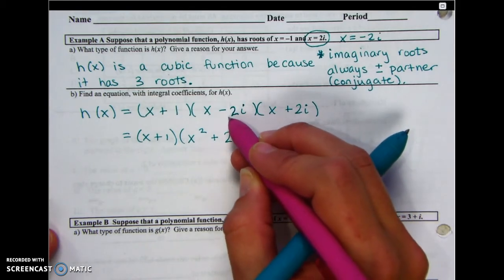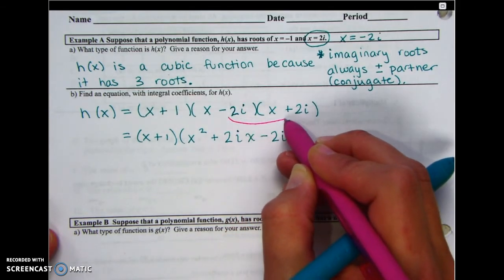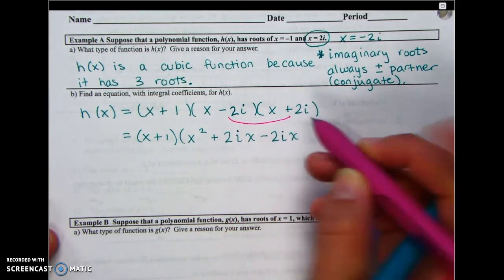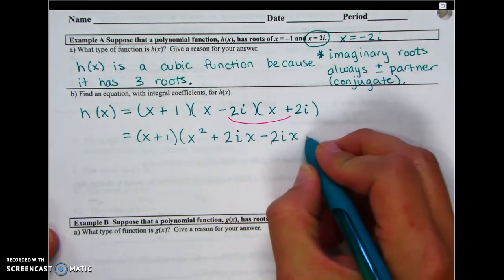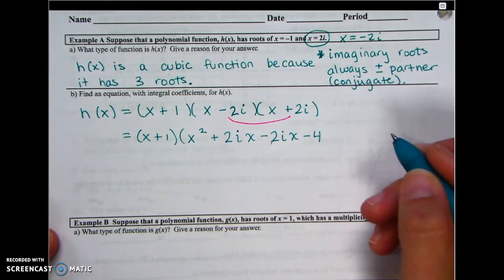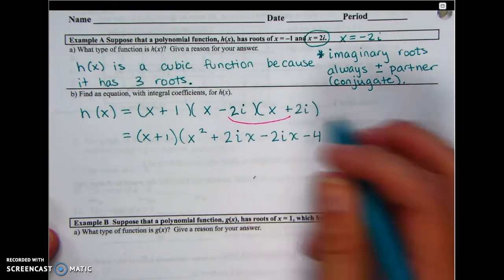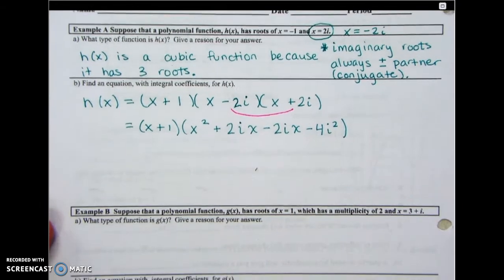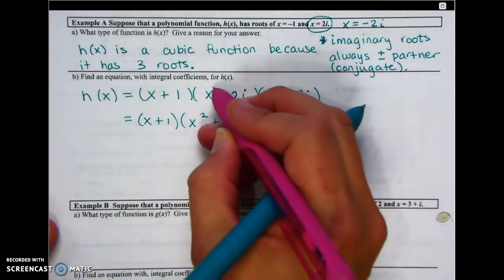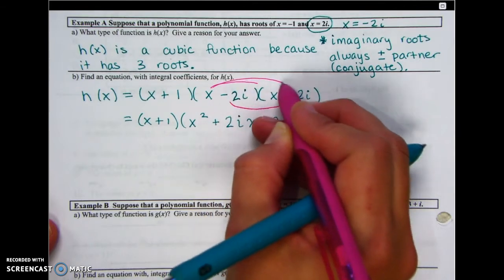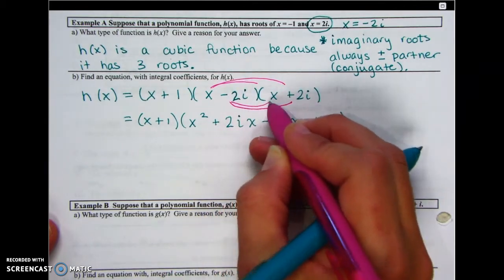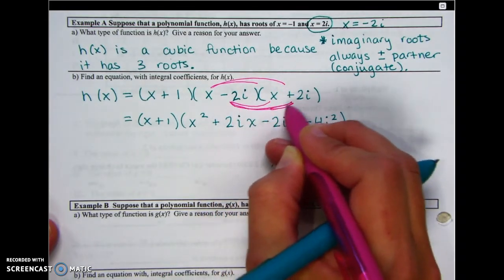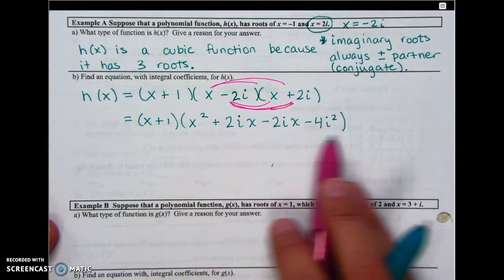We have -2 times positive 2. What's that going to be? -4. And then i times i is i squared. So what did we just do there? We did first, outer, inner, last. Okay, we FOILed it to get this.